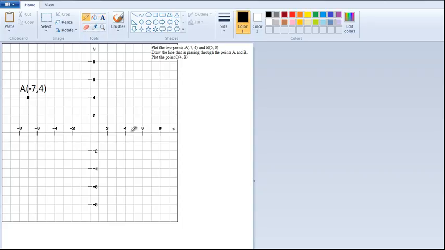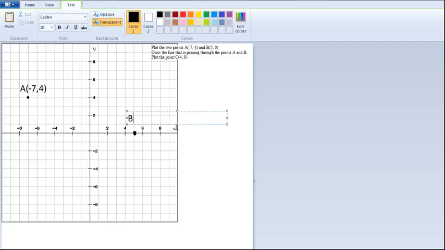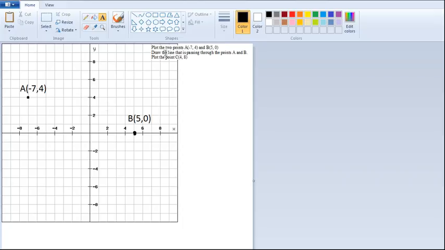X is 5 and 0 is, well, it's on the line, because 0 on the y-axis is here, right? So it has to be on the x-axis. This is 5, 0. Very nice.